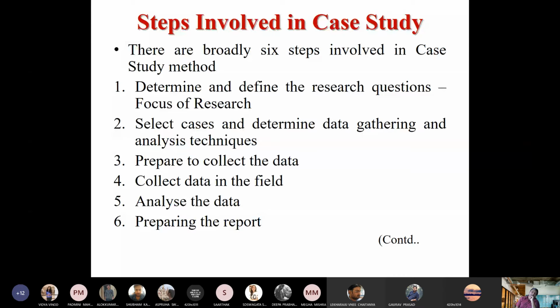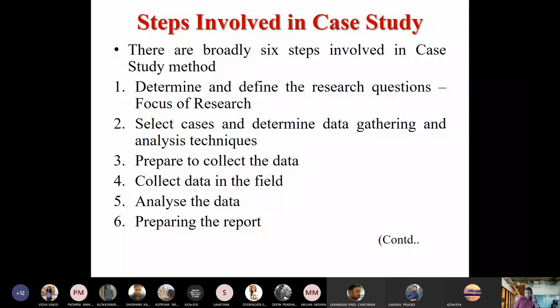Suppose I am doing a case study on agriculture, I was looking for successful farmers. I cannot go and find somebody who is a successful teacher. If somebody comes and says, I want to take a case study on you, on how you became a good farmer, then his mechanism is wrong.